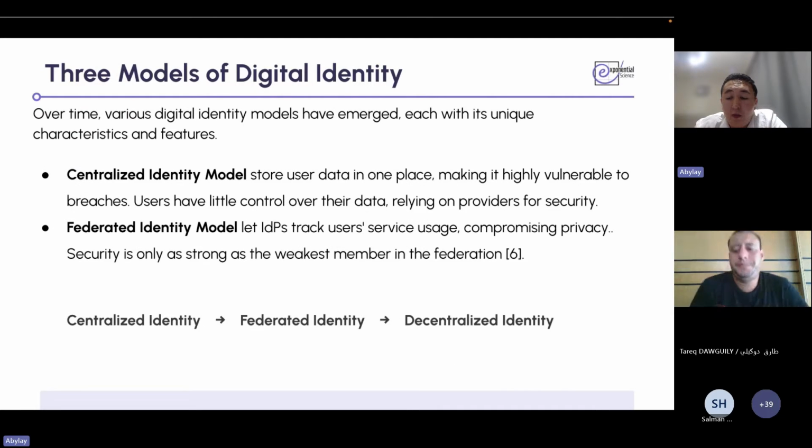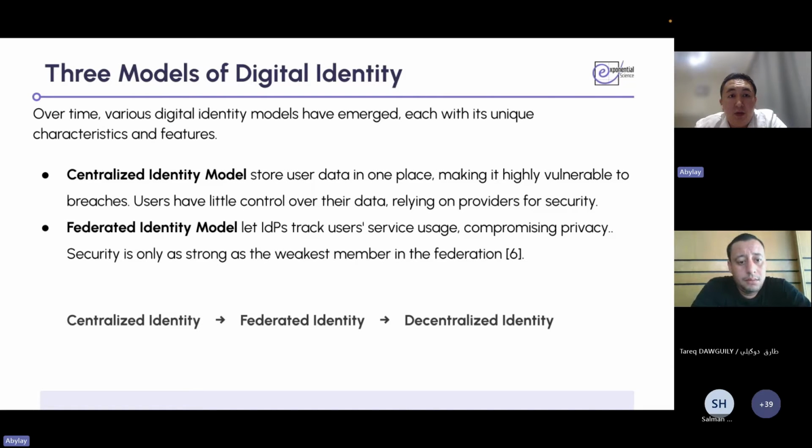As the internet developed over time, various digital identity models have emerged. There was an evolution of digital identity. The first model, in the 90s and early 2000s, was the centralized identity model, where user data was stored in one place.